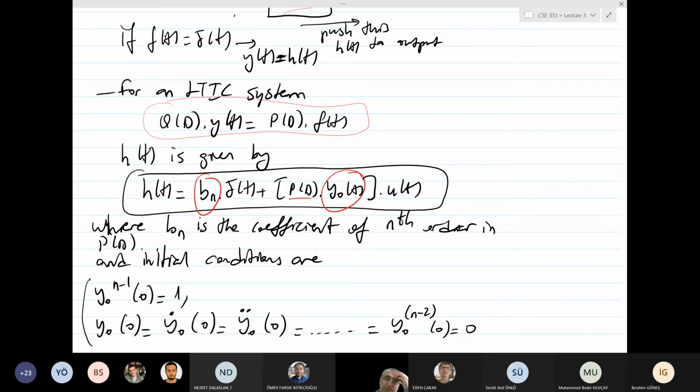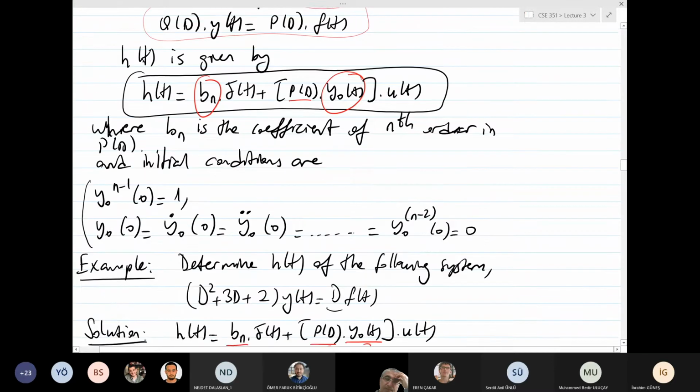H of t is equal to Bn times delta of t plus P of D polynomial times y0 of t, remember guys, was the zero input response, times u of t. That was the unit step function, if you guys remember. In this case, Bn is the coefficient of the nth order in the P of D polynomial.